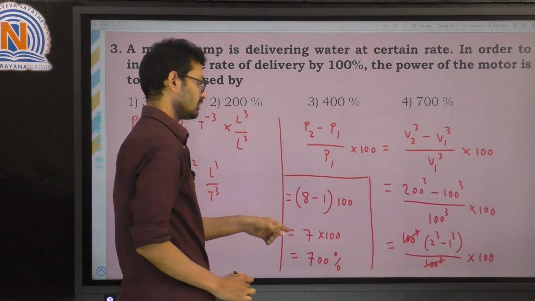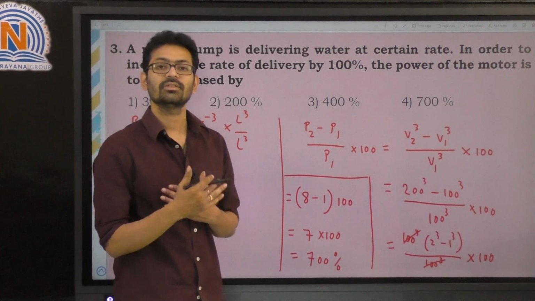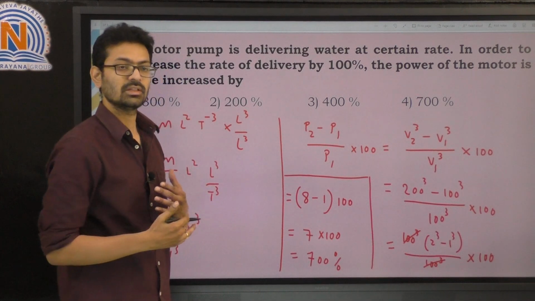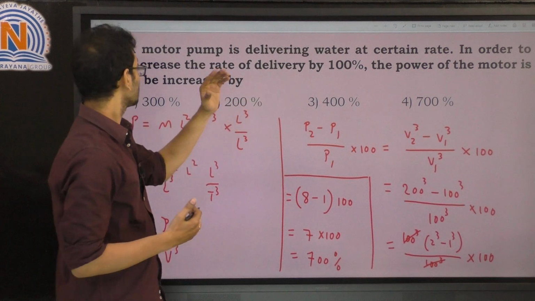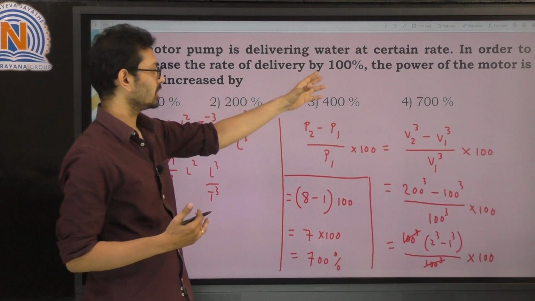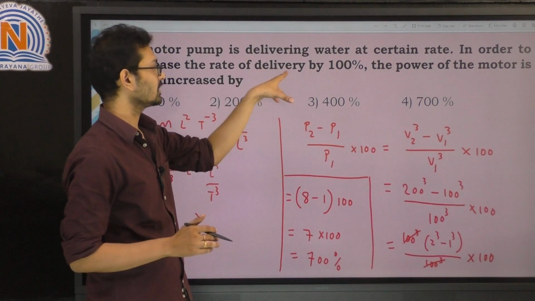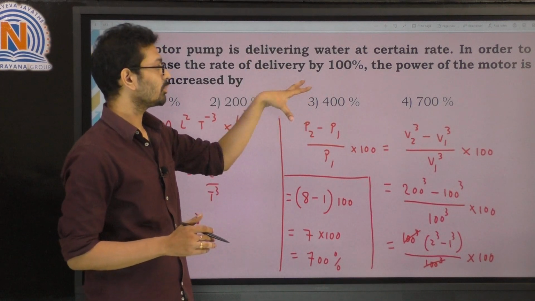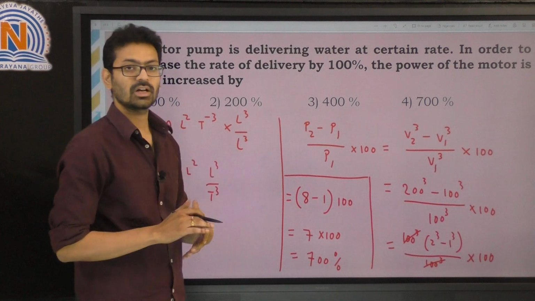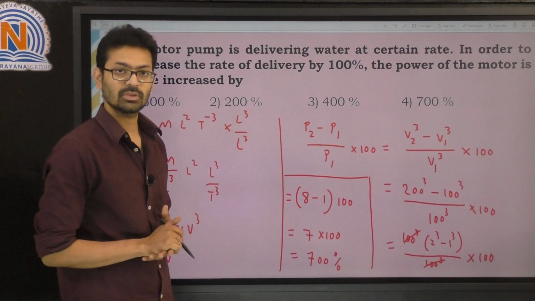Therefore, the power is going to increase by 700% if you increase the velocity. If the rate of mass is increased by 100%, then the power is also going to increase by 100%, which is option number 4.